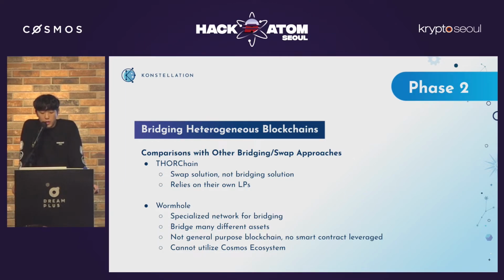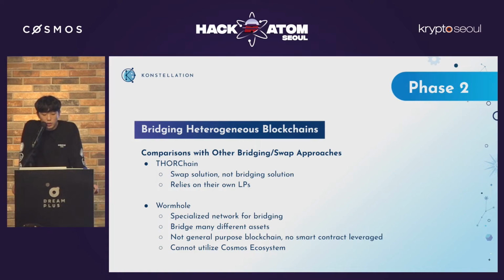Okay, now let's compare our approach with some other popular approaches. The first thing we compare Konstellation Network with is Thorchain. Most notably, Thorchain is a swap solution, not a bridging solution. It means that the token you're sending is always converted into something else, so it's simply a different approach.